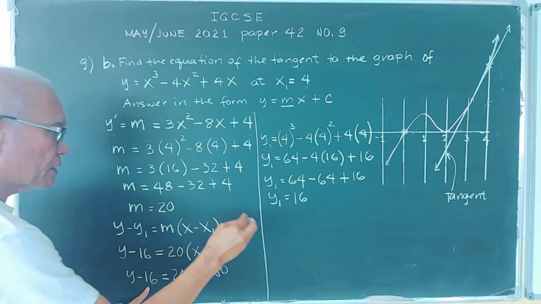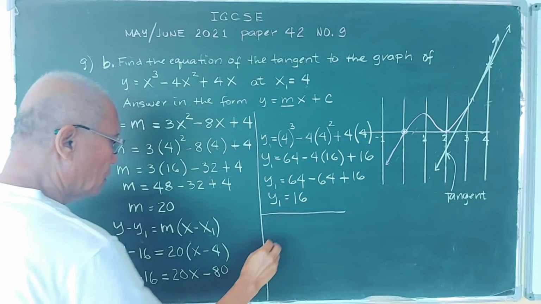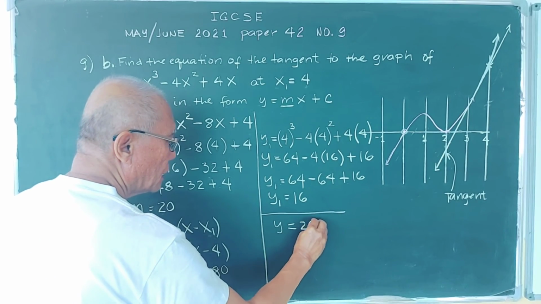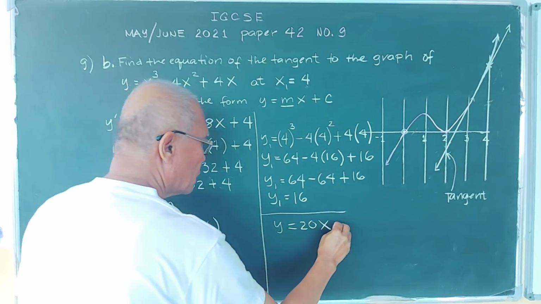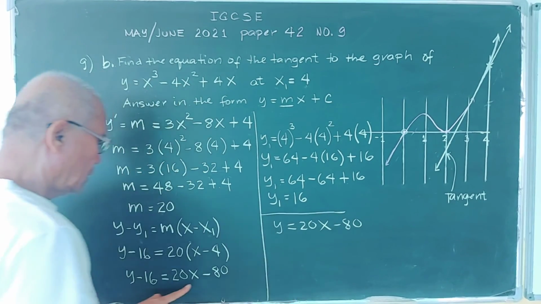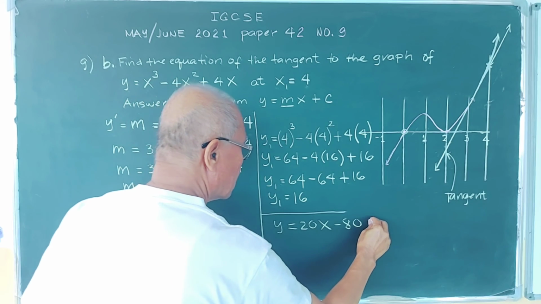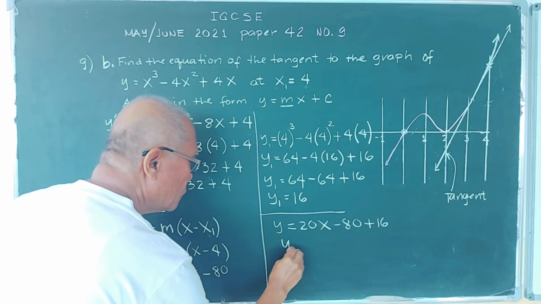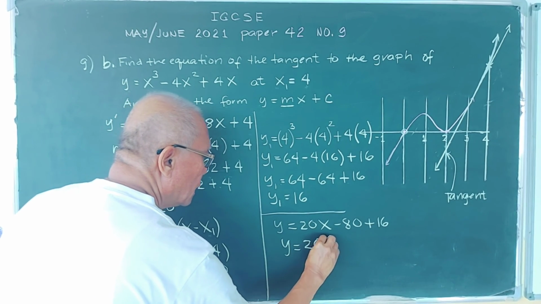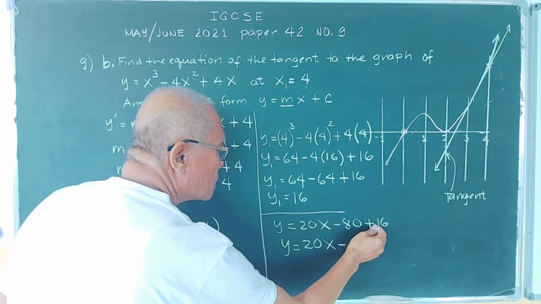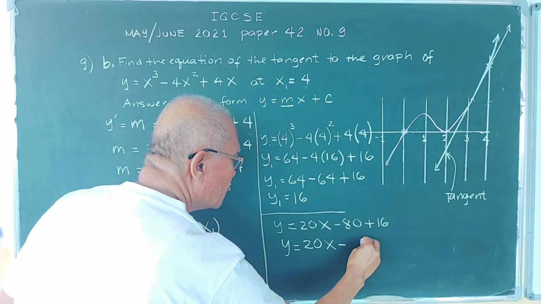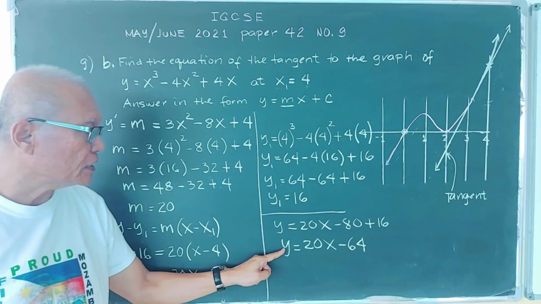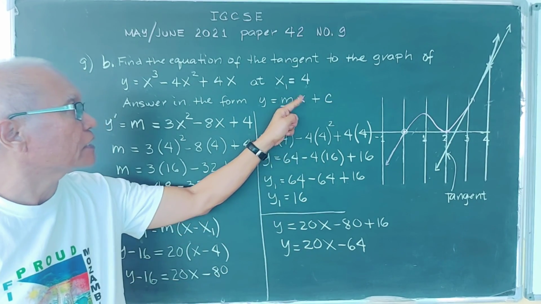Then transpose 16 to the other side: y is equal to 20x minus 80 plus 16. So y is equal to 20x minus 64. And this is the equation of our tangent at x equals 4.